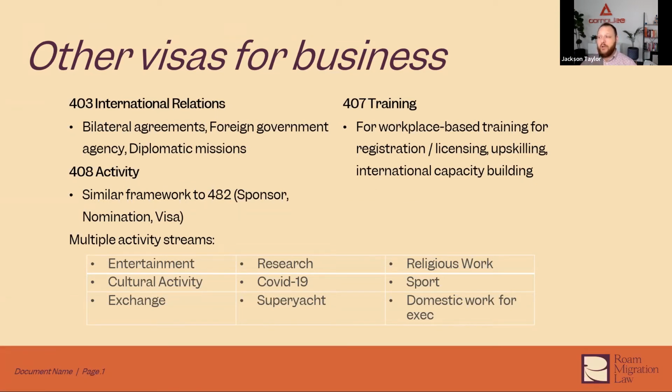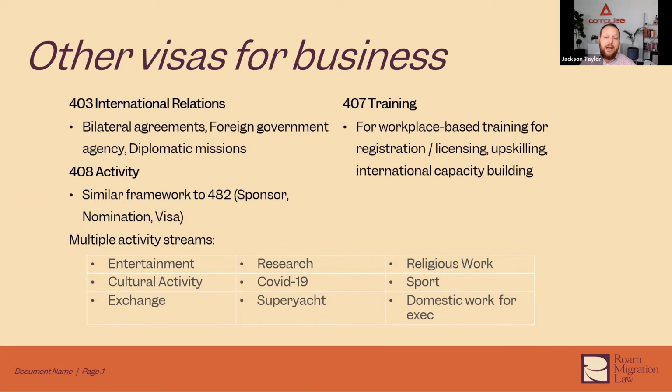So if you have someone in your business who you're delivering training to as a trainee, either because you're upskilling them or they need to meet certain requirements for registration, the 407 training visa can be suitable. And this includes for medical graduates, for example.